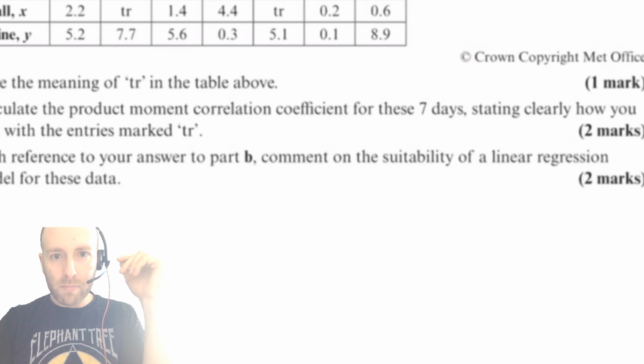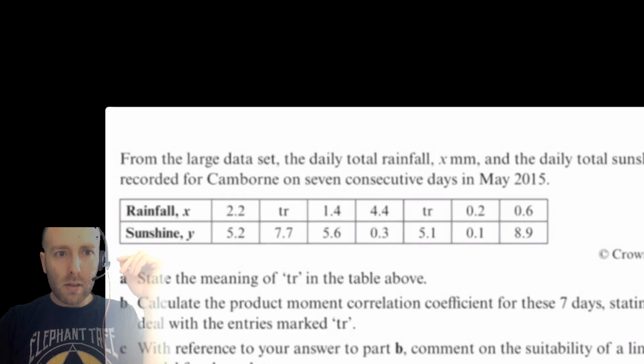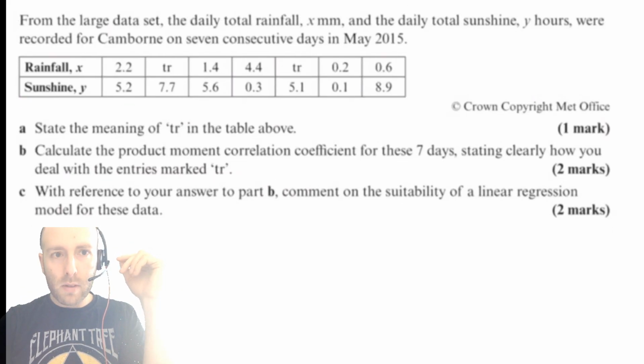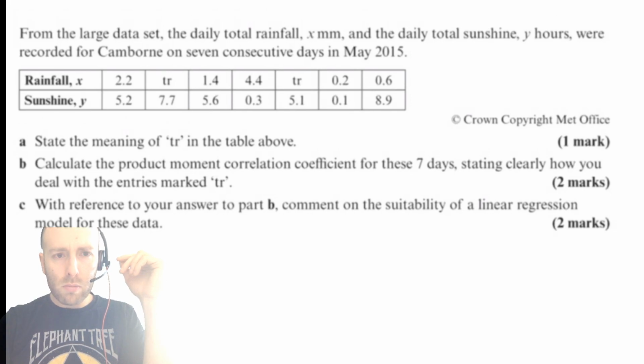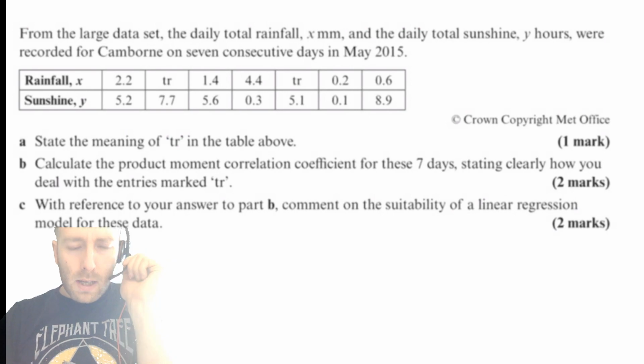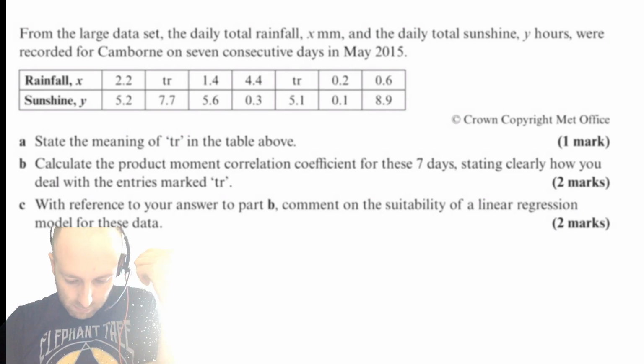Cool. Okay. So this is a different size screen, so let's change this around. Right. So I'd like you guys to try this one. It's giving you the total rainfall and sunshine in Camborne, which is nice that they're including Cornwall.